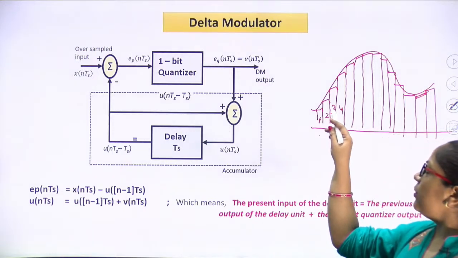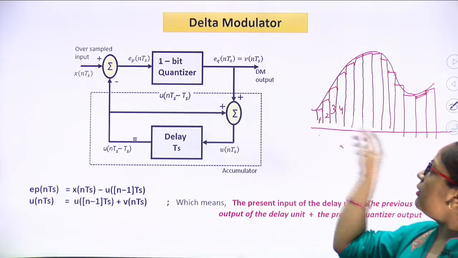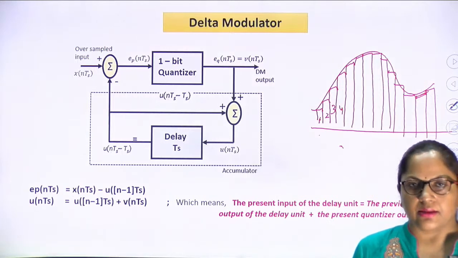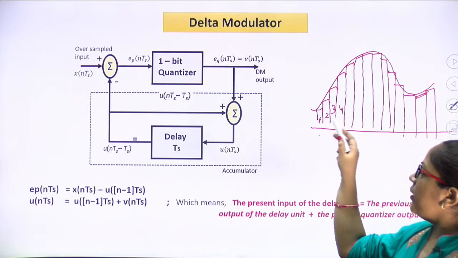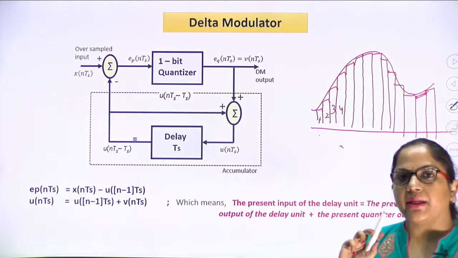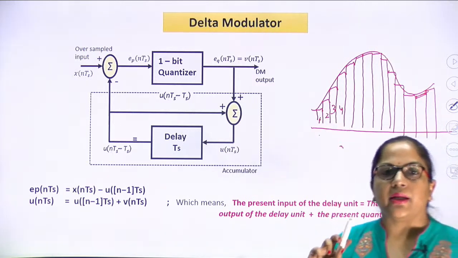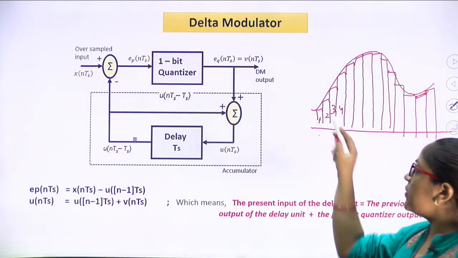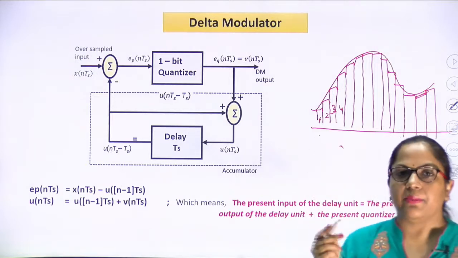Now in delta modulation, we will not discretize these samples on the magnitude axis. Rather, we will compare these two samples. If their difference comes out positive, we will assign binary 1. If their difference comes out negative, we will assign binary 0.